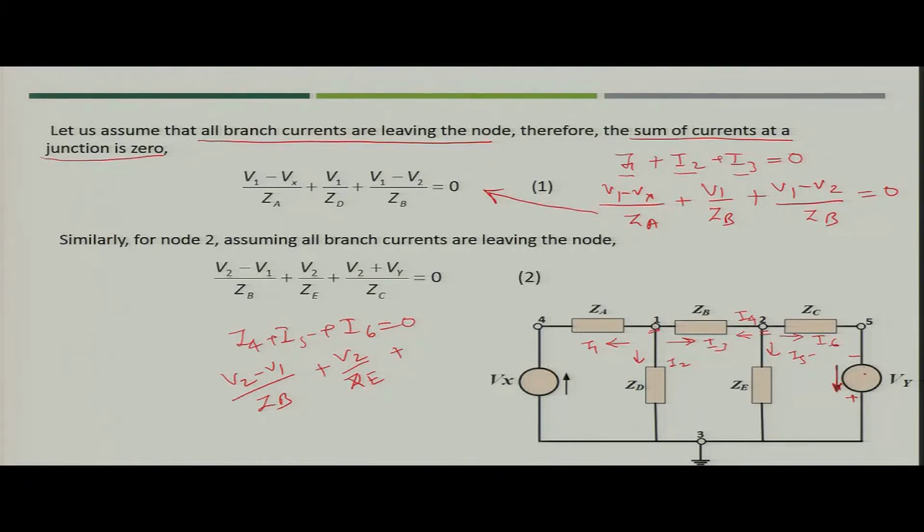So, you can write V2 minus of minus Vy divided by ZC as the current I6, and it will be equal to 0. Eventually you will get the same equations which are mentioned in this slide.